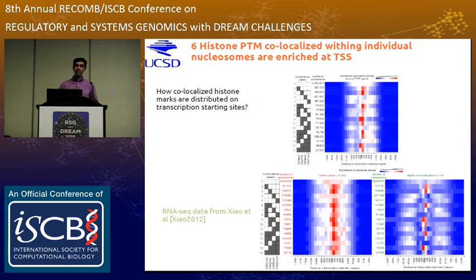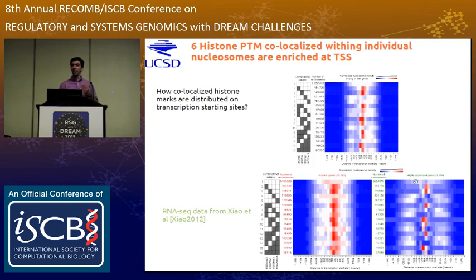We further test this hypothesis by now dividing the genes according to their gene expression. So we use publicly available RNA-seq data, and we divide the genes between silent and highly expressed. Among the silent ones, you can see that the combinatorial patterns are almost equally expressed around the transcription starting site, also showing the position effect.